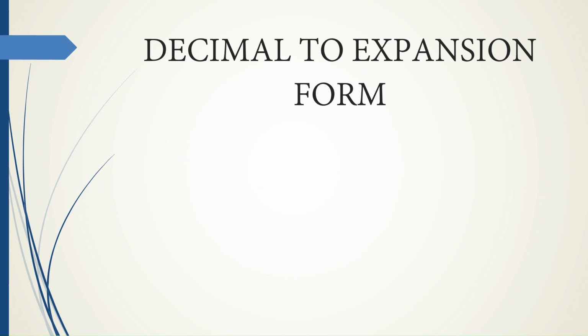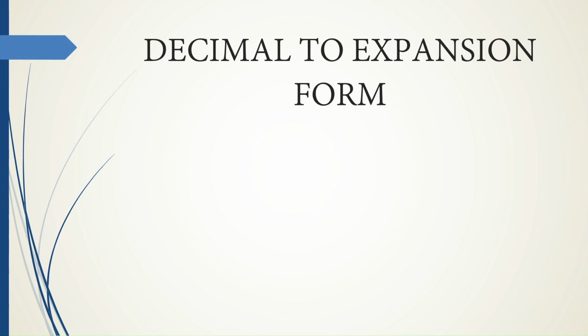Consider another number, 3.0. That is 3 into 1 plus, in the tenths place it is 0, so 0 into 1 upon 10, which is nothing but 3. So here actually the decimal part of the number is missing, so only the whole number 3 can be written.